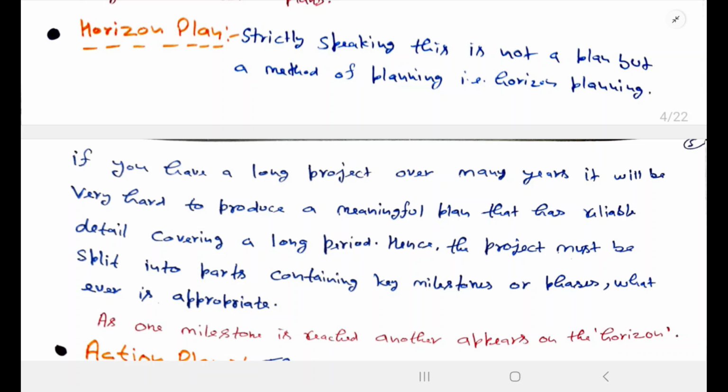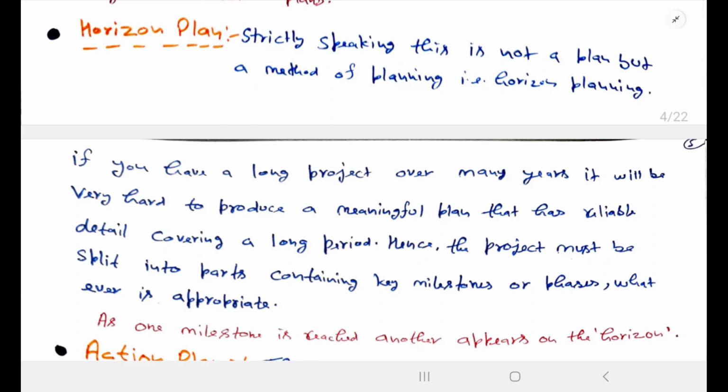If a particular material, namely x, has a cost today, after a few years this cost will definitely increase. So we do not have a concrete plan for all the years. Hence, the project must be split into parts containing key milestones or phases, whatever is appropriate.